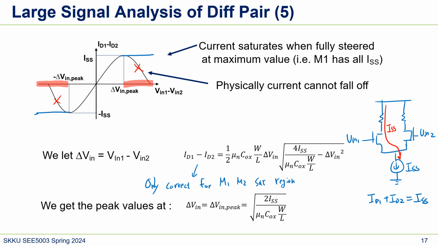For this part, as I said, only M1 flows the whole ISS, or in this part only M2 flows the whole ISS. So we can also calculate this Vin peak easily, right? So that will be here.